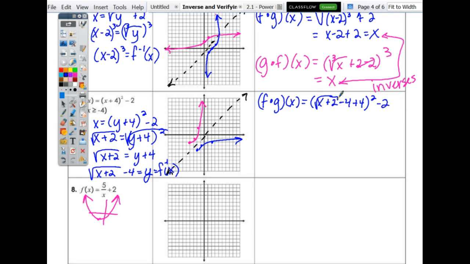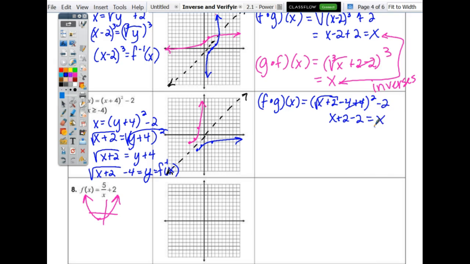So when I do that, the -4 and +4, what happens with them? They cancel. So the square root is squared. So it becomes x plus 2 minus 2, which is x.